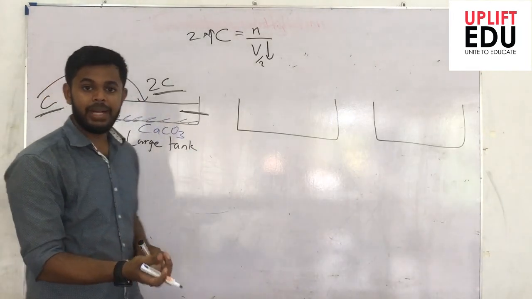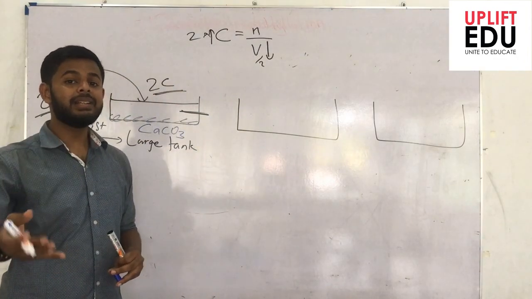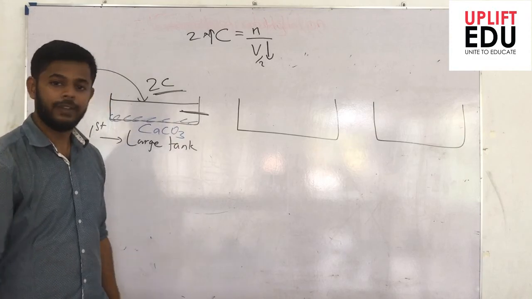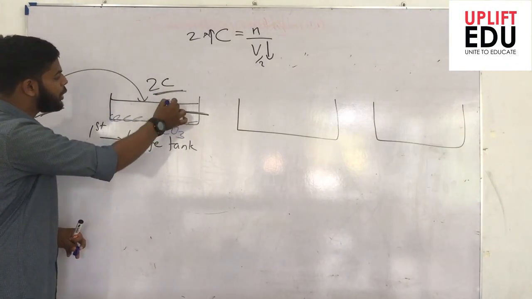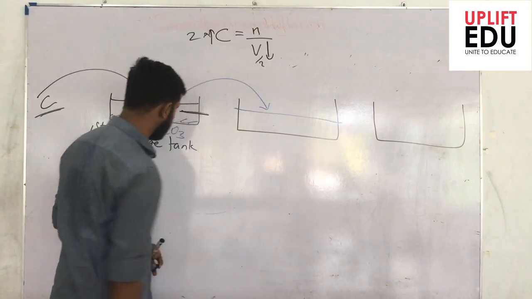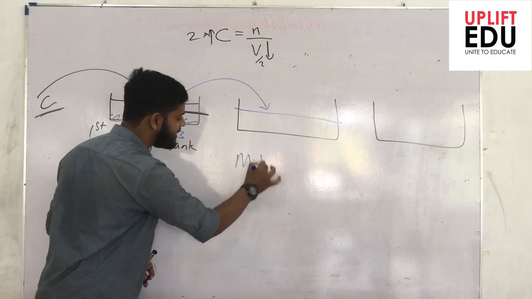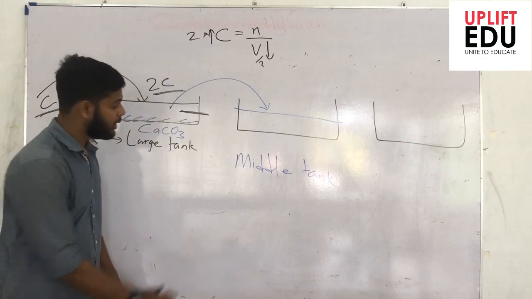You know calcium carbonate is a white solid that is used especially in the cement industry, limestone industry and other industries. So after the concentration is increased to 2C, we transfer the solution into the next tank.